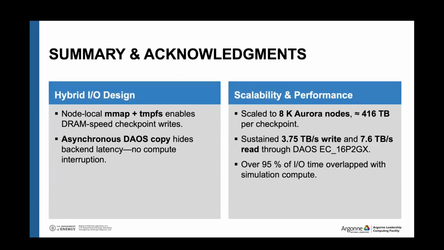Just a short summary. We have this hybrid system of mmap and writing to tmpfs, and we get these very, very high speed checkpoints and this asynchronous data copy with DAOS. Through container configuration, tuning the properties and parameters, and using the strategy of this asynchronous copy, we're able to basically completely hide our copy behind the compute.